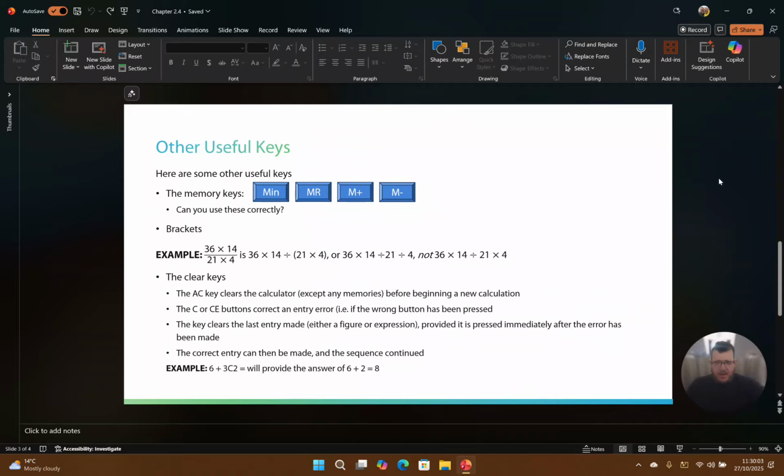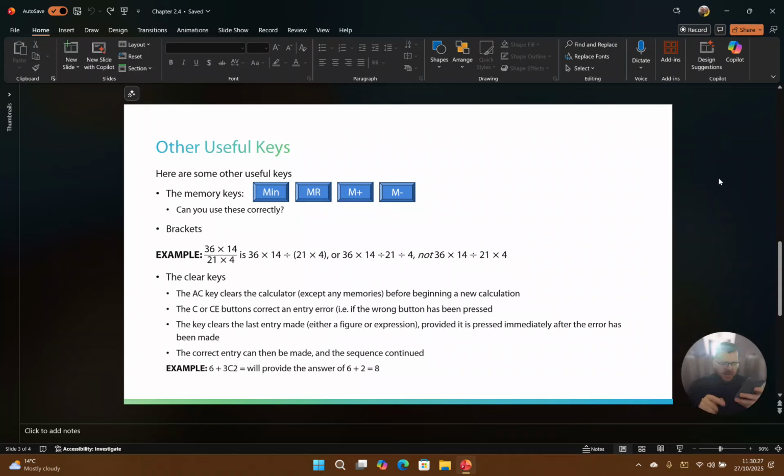There are some other keys that are useful on a calculator, one of them being the memory keys, and let's see if you can use them correctly. So you've got Memory Plus, which I think adds to the memory as a positive number.